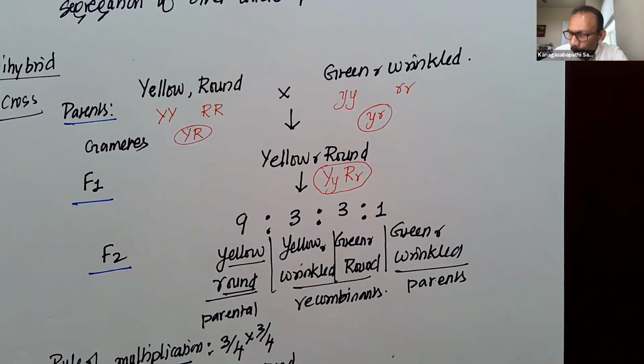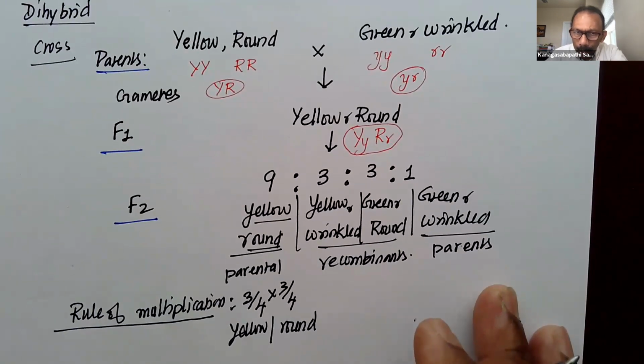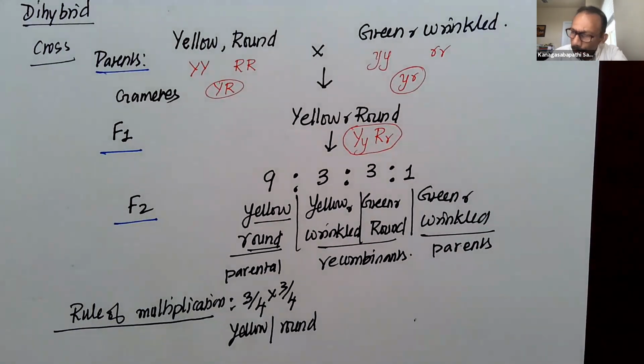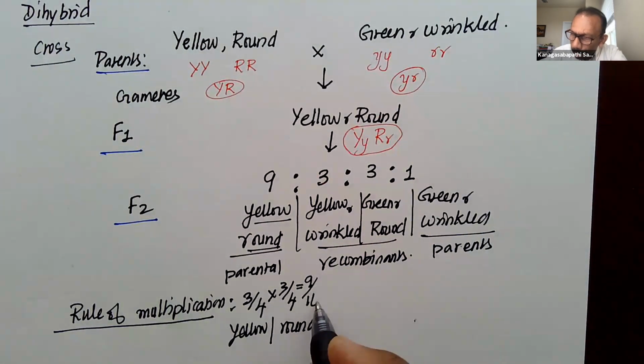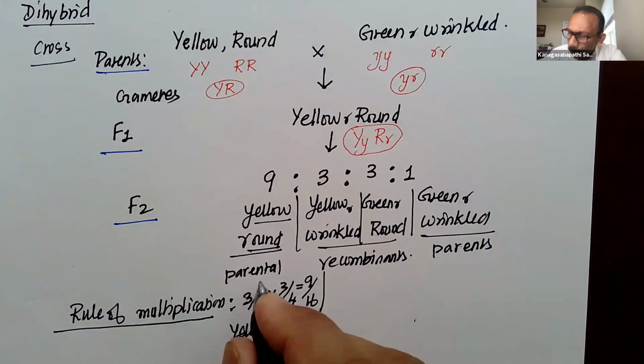Both are dominant. From the previous example, we saw the chance of getting a dominant is 3 out of 4, so 3 out of 4 times 3 out of 4 is 9 out of 16. That's how you got yellow and round.